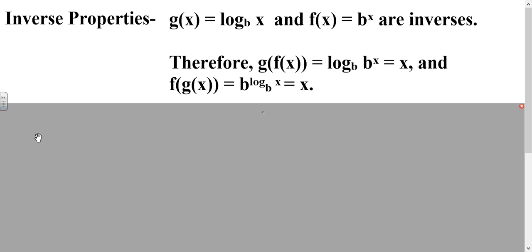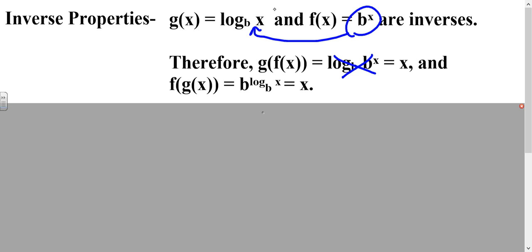So what this is saying is that if I take the compositions of these, if I plug in f of x, which is this, into g of x, then I would get log base b of b to the x power. Well, the log and the base are actually inverses, so they cancel out, which is why this just equals x. And vice versa.